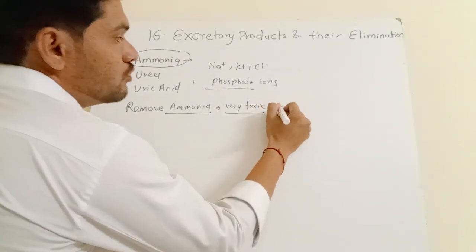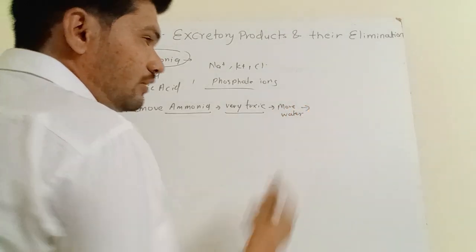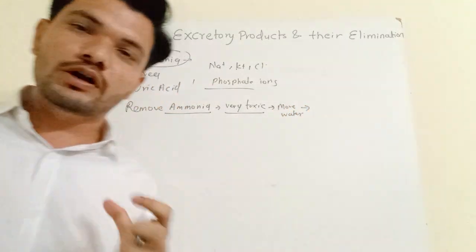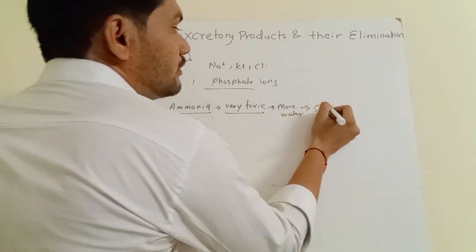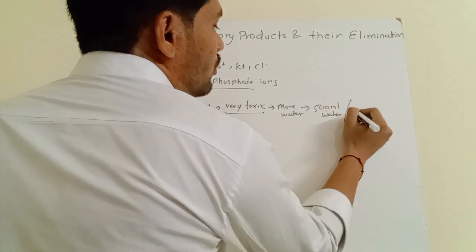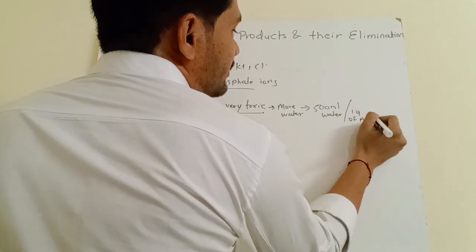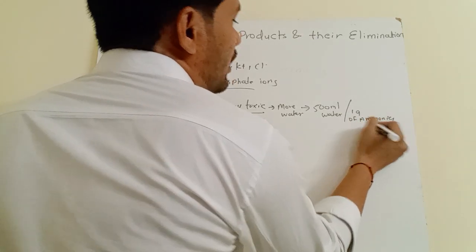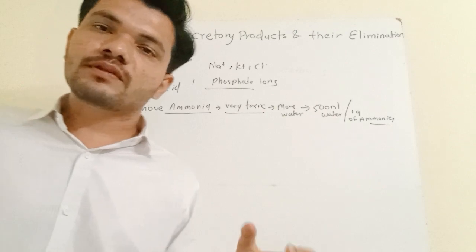So it requires more water to eliminate. Almost 500 ml of water is required to remove only 1 gram of ammonia. See, only 1 gram of ammonia, and organisms need 500 ml of water to remove it.